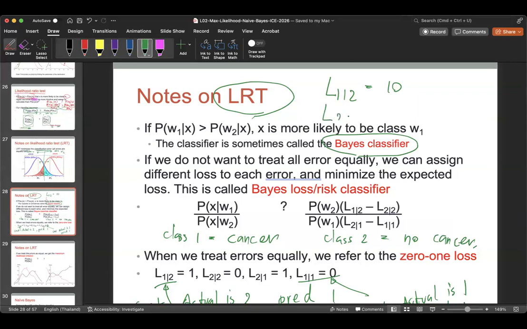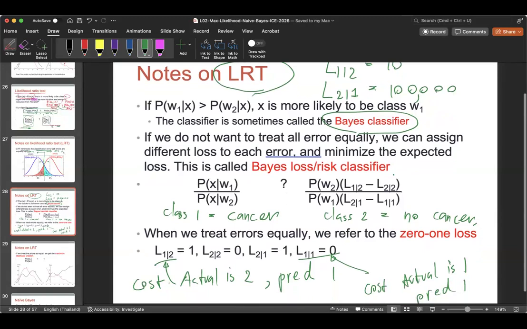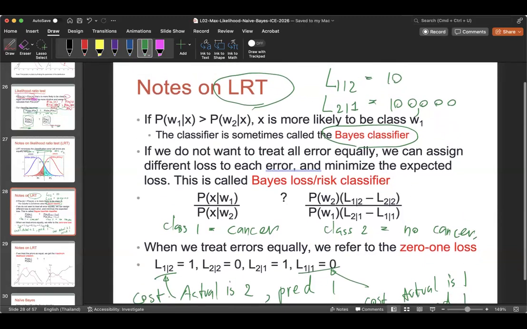But if I answer no cancer, but someone has cancer, the cost might be his life. So maybe the cost is this much. If I have this cost and plug it into this equation, I will have 10 minus, let's say this one is 0, and 100,000 minus 0.